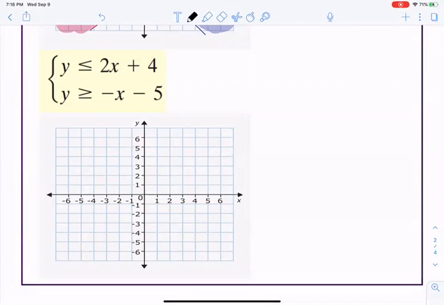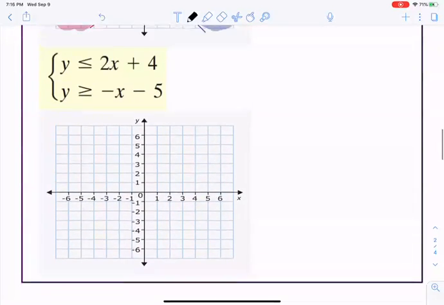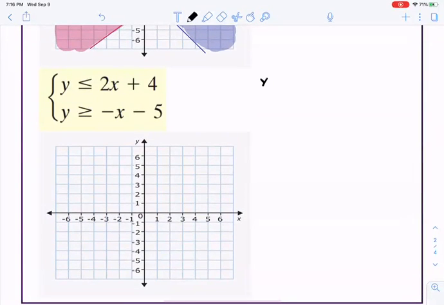Okay, so we have two inequalities, which would imply we have two equations. So the first equation is y equals 2x plus 4. So the slope is 2. The y-intercept is 4. And that is an increasing line, so it's going to go up.